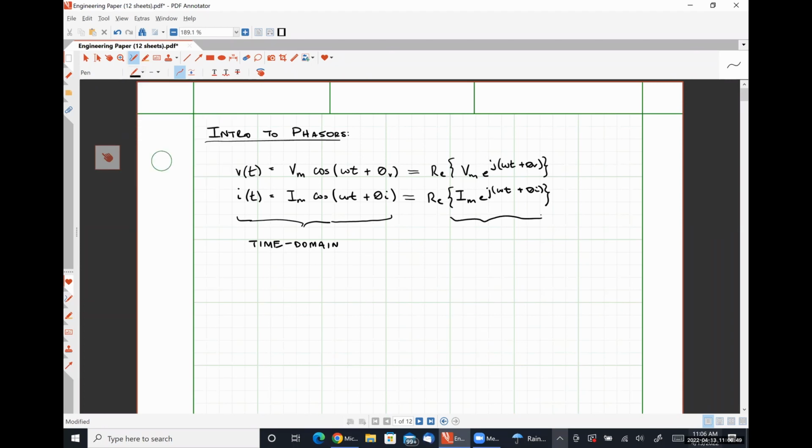So here's our mixed domain representation, and we got here by using Euler's identity.